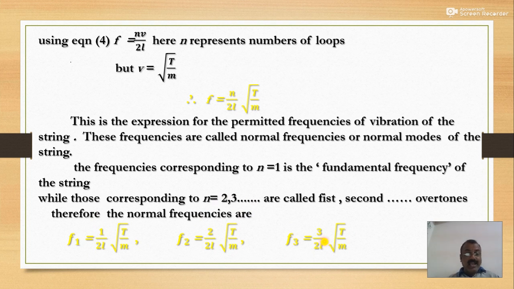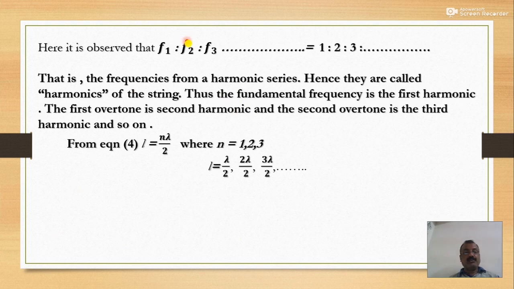The ratio of these frequencies f1, f2 and f3 can be written as 1:2:3, etc. Here f1 is known as the fundamental frequency, f2 as the first overtone, and f3 as the second overtone.